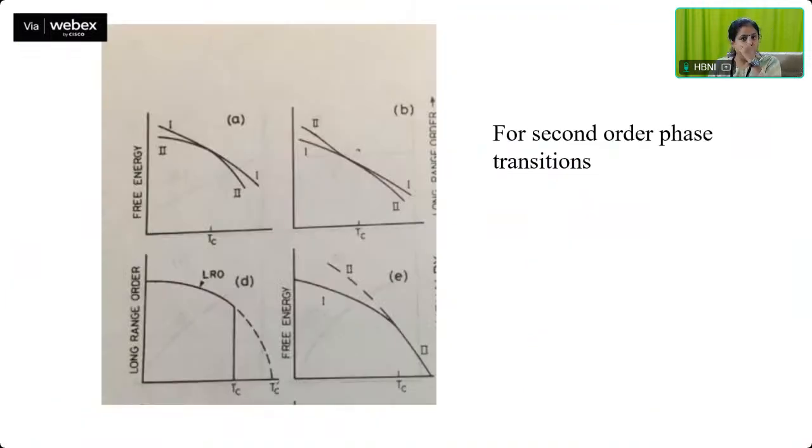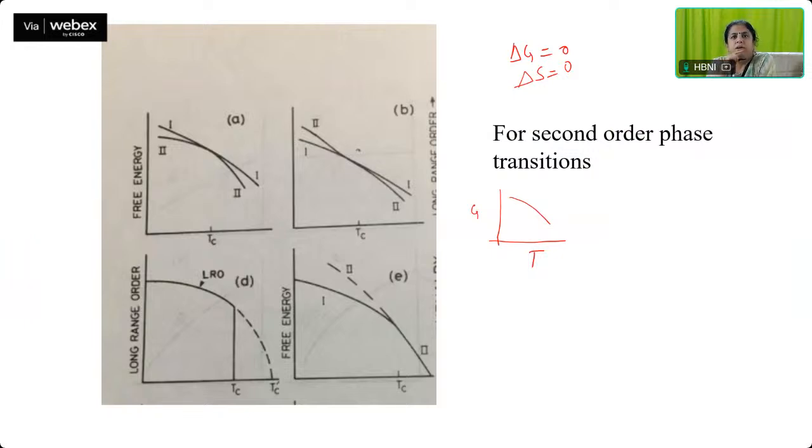Okay. For the second order phase transition, now the story is a little different. I know I can draw my GT curve like this. Okay. Now I have to draw the GT curve for phase 2, and the conditions are delta G is 0. Okay. Now delta S is also 0 because the first derivative is 0.